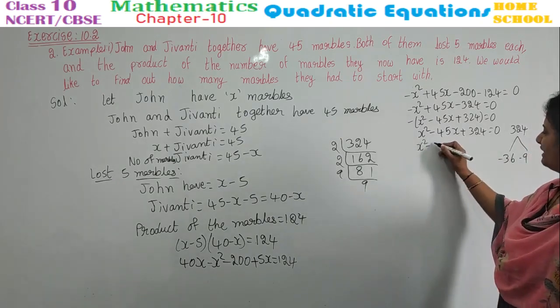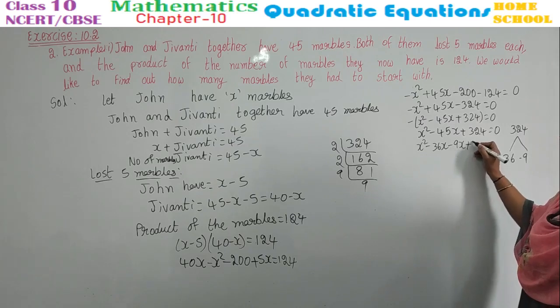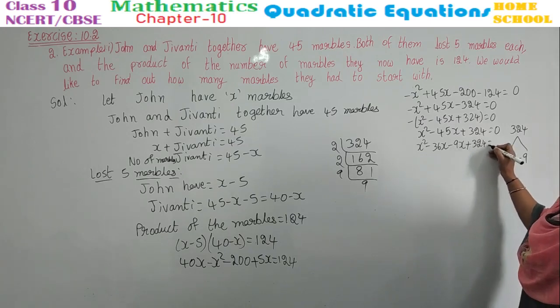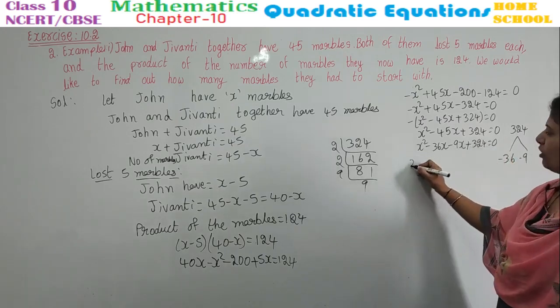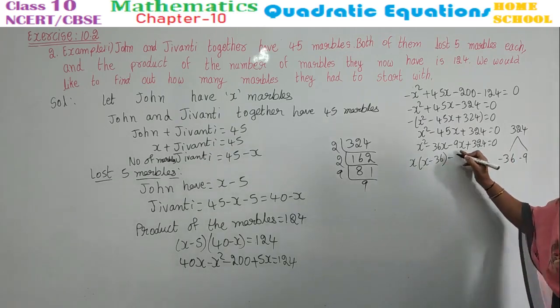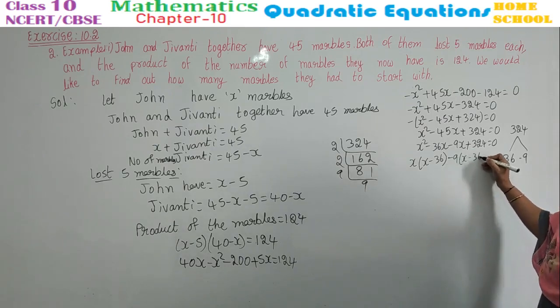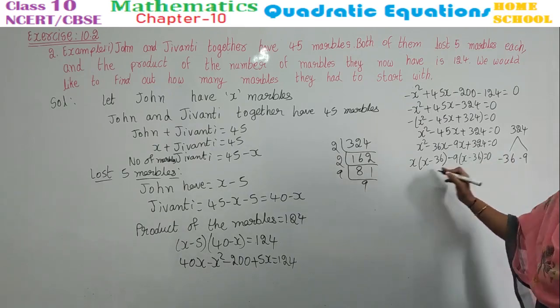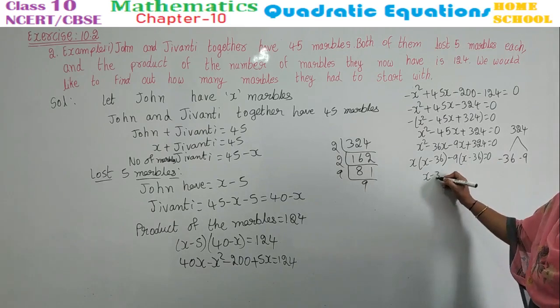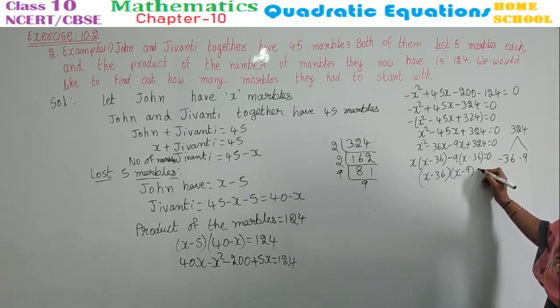Split the term. Minus 36x minus 9x plus 324 equal to 0. Take out common x, x minus 36, and in these two 9 is common, x minus 36 equal to 0. These two, x minus 36 is common, you are left with x minus 9.